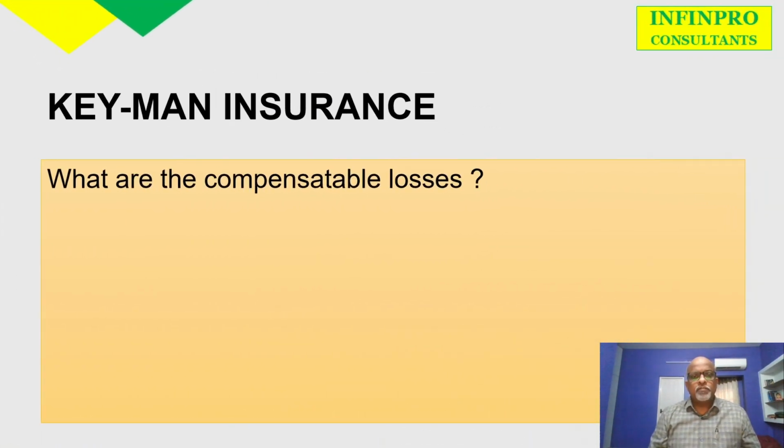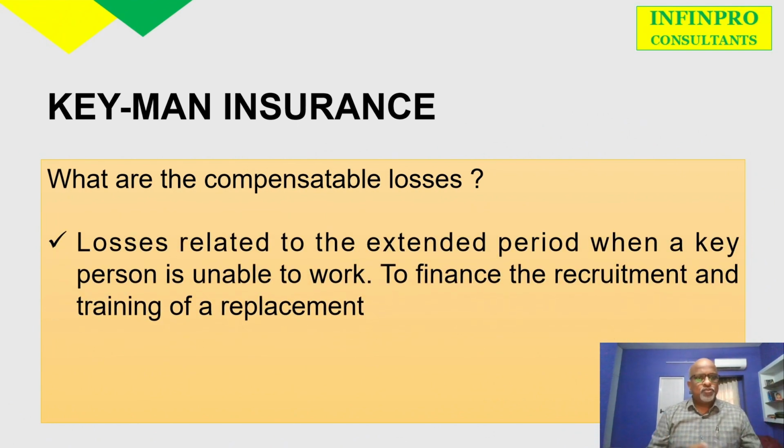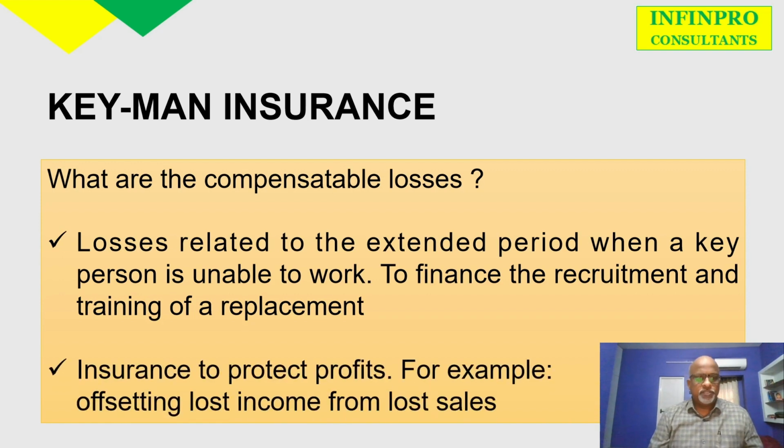So what are the compensatable losses? As far as the key man's role is concerned, we should identify to what extent the loss will be there, so that it will be covered using key man insurance. If there is any death of a key man, the amount received by the organization will be used to recruit a new person, train him, and to sustain the loss and overcome the situation.